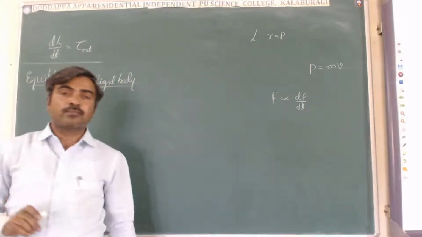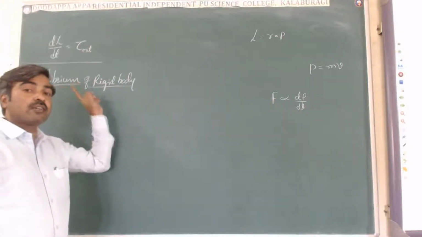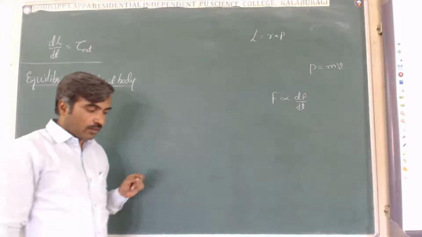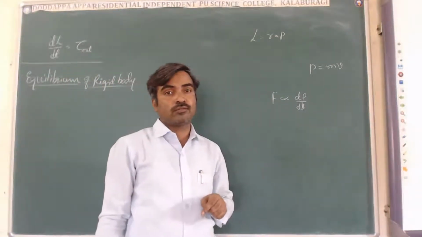So the meaning of equilibrium is, a rigid body is said to be under equilibrium if there is no change in the translational or rotational motion.